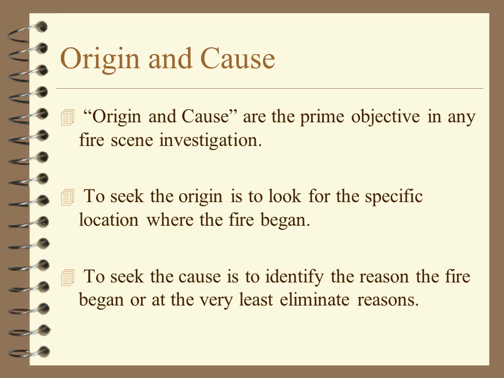Oftentimes it's not possible, so you may have to eliminate other possibilities until you get to a plausible conclusion. And if that plausible conclusion happens to be suspicious or incendiary, in other words, somebody started the fire, then you can call in for the resources of the fire marshal.